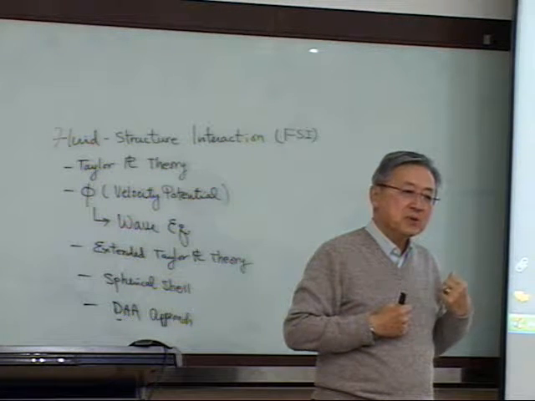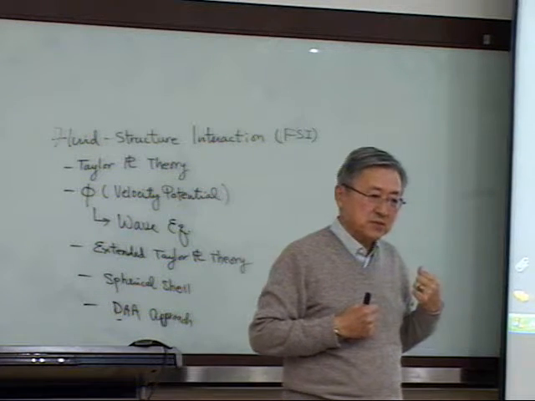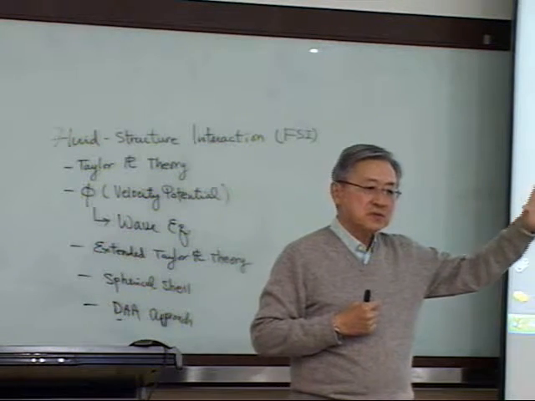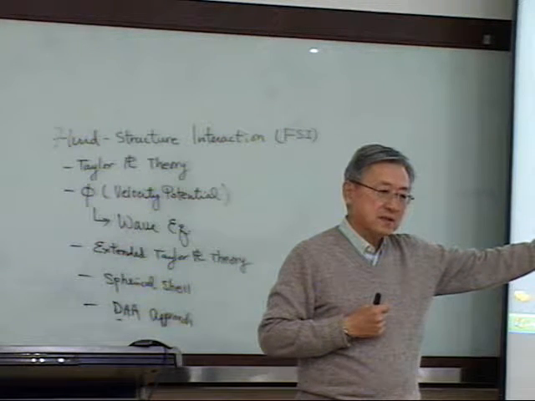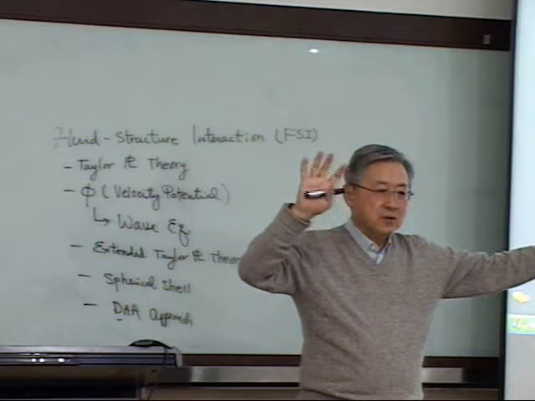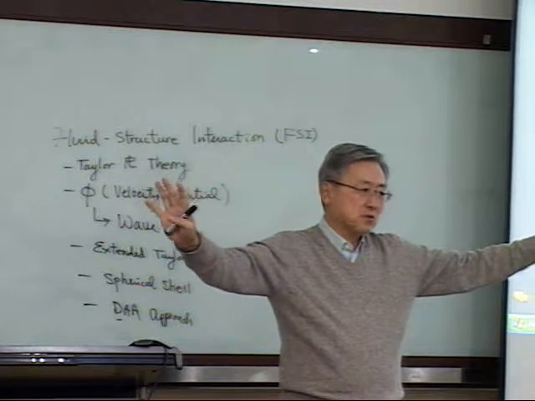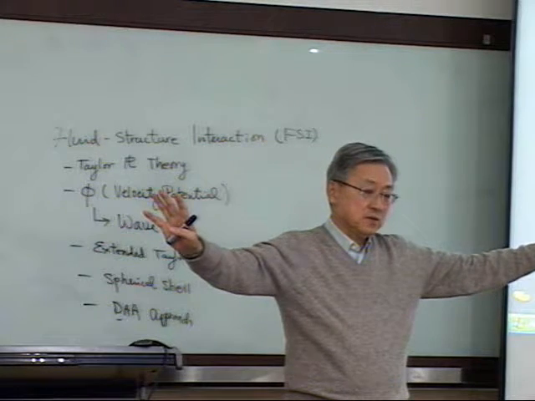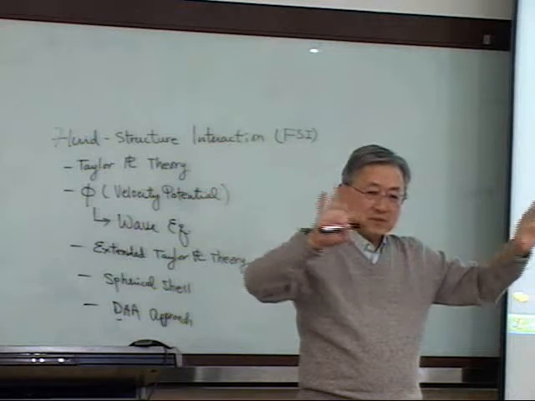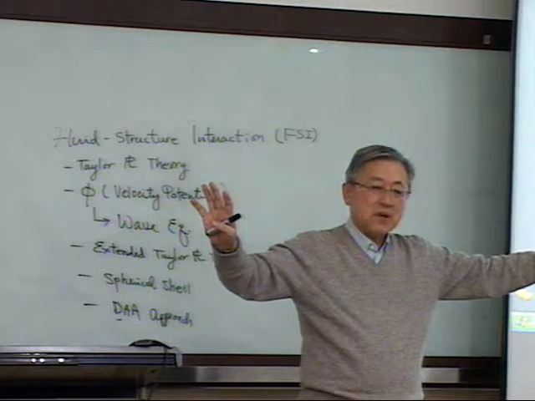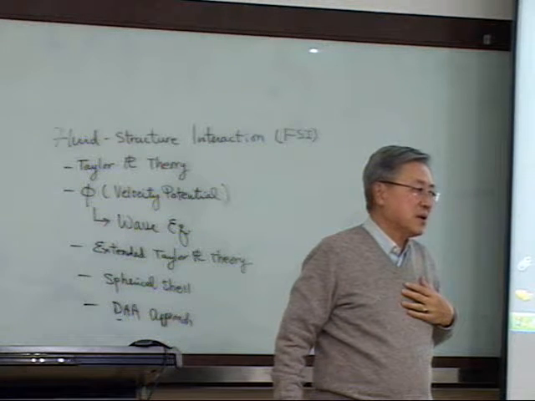DAA is the doubly asymptotic approximation. At high frequency, it approaches the correct solution, and at low frequency, again, it approaches the correct solution. Okay? So it's a doubly asymptotic approach that kind of makes sense. In the middle, nobody knows what's happening.